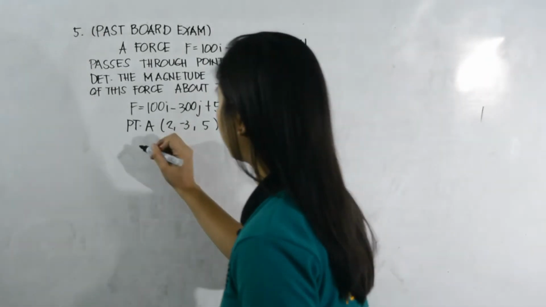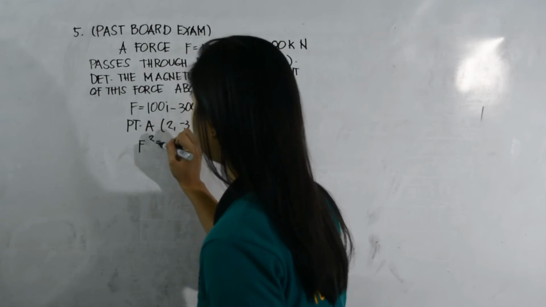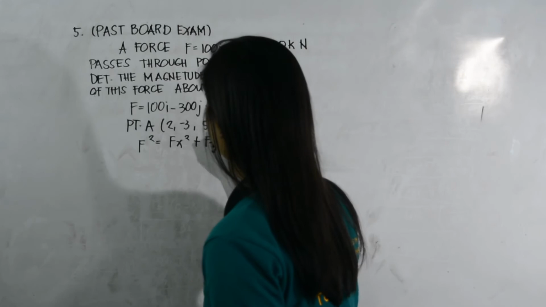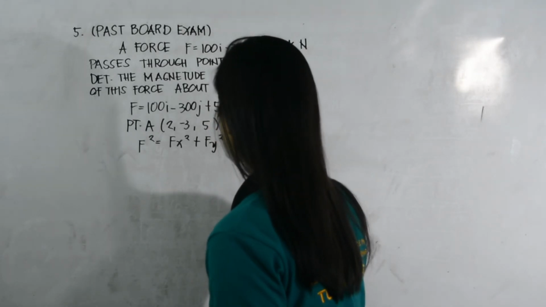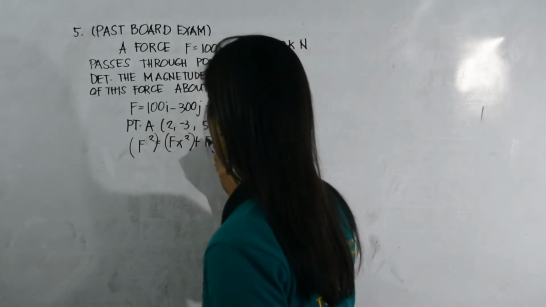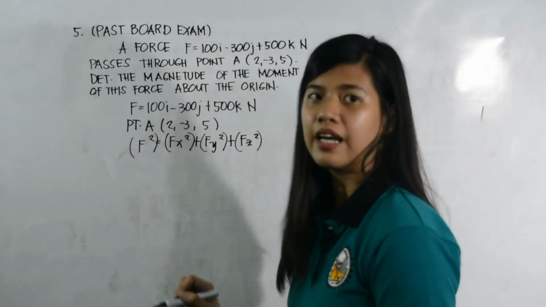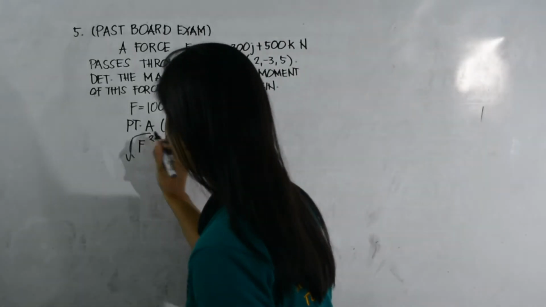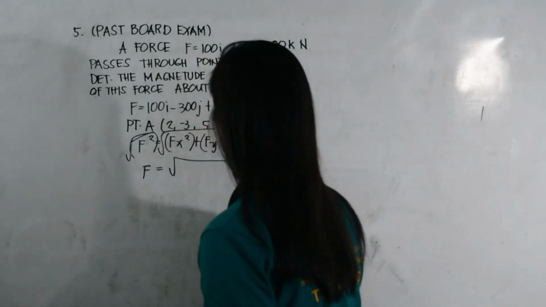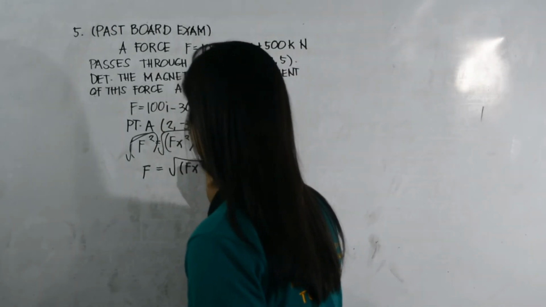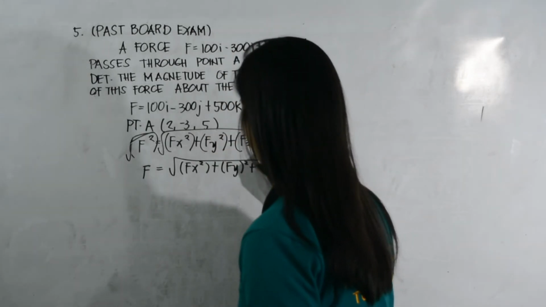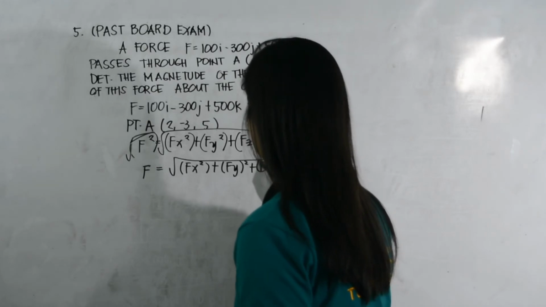For getting this one, we have the formula F squared equals Fx squared plus Fy squared plus Fz squared. Then, F equals the square root of Fx squared plus Fy squared plus Fz squared.